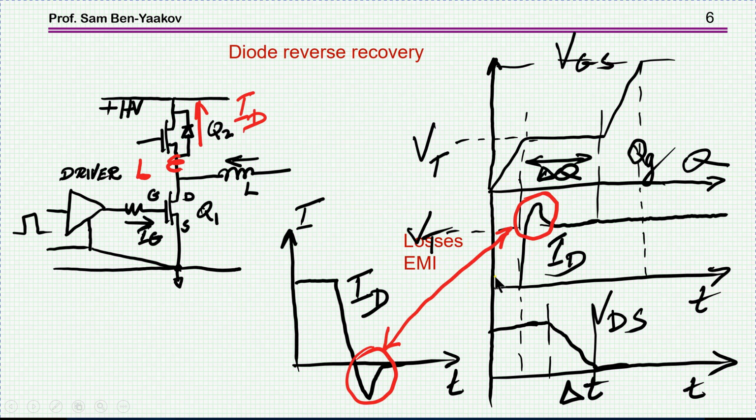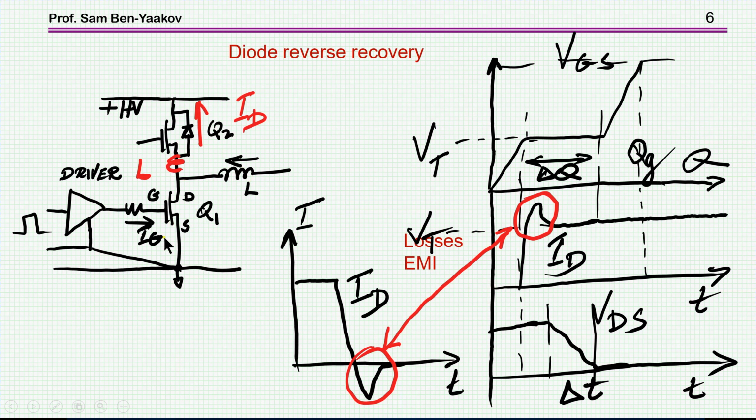Another issue that we have to deal with is the reverse recovery of a diode. In all PWM topologies, we'll find that in one instance of the turn on, we have a situation in which, for example, I'm showing it here.